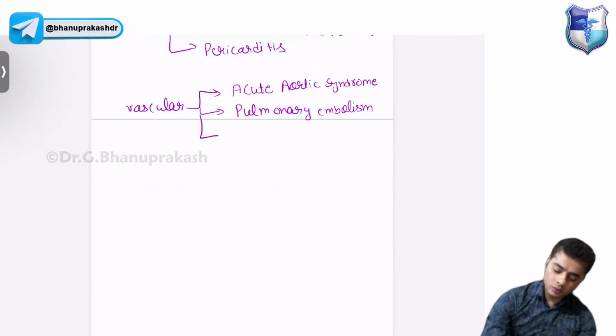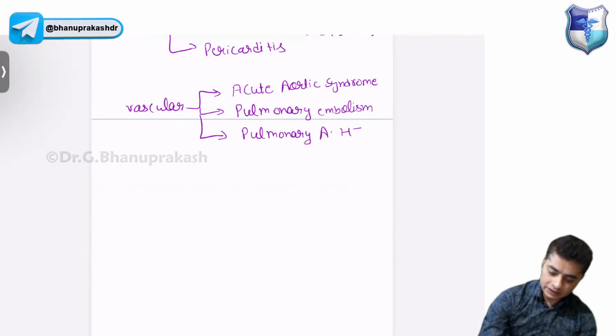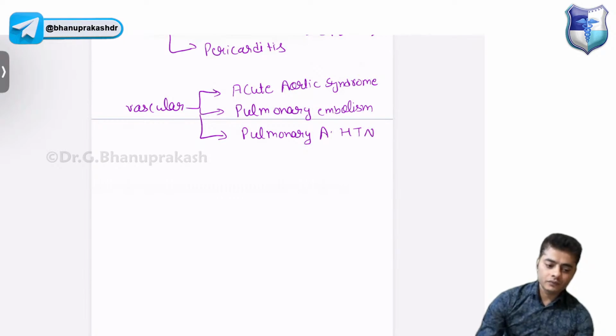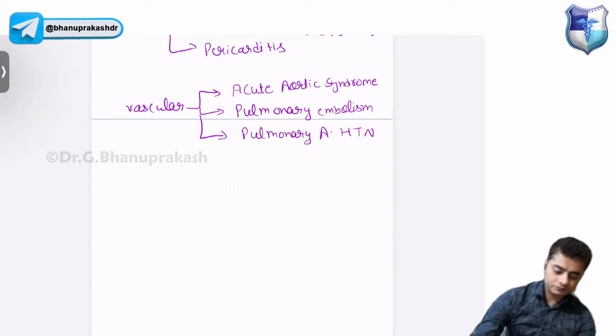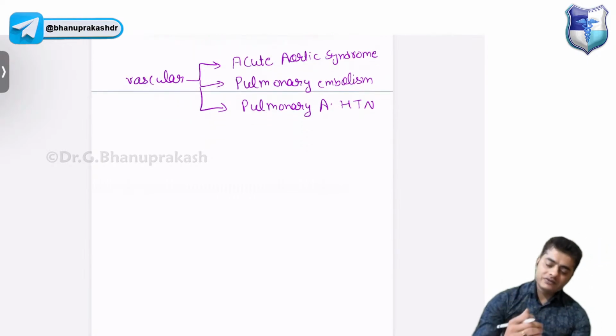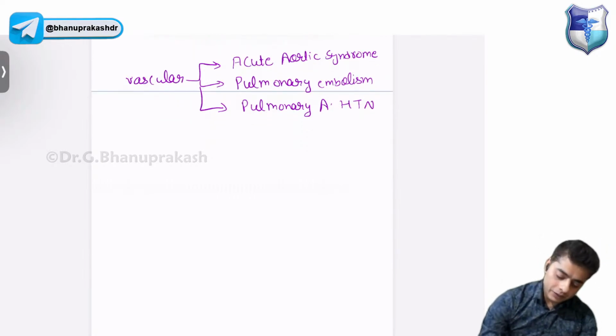Third one is pulmonary artery hypertension. Now we have seen cardiac, we have seen vascular. Now we'll come to the pulmonary component.